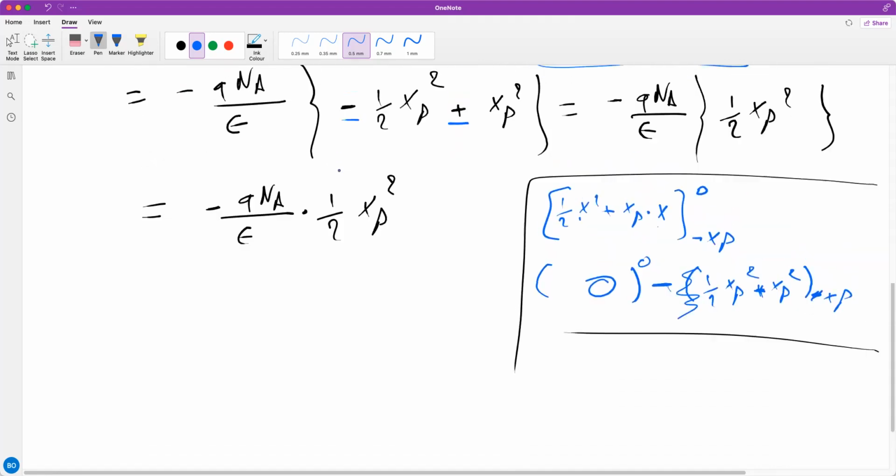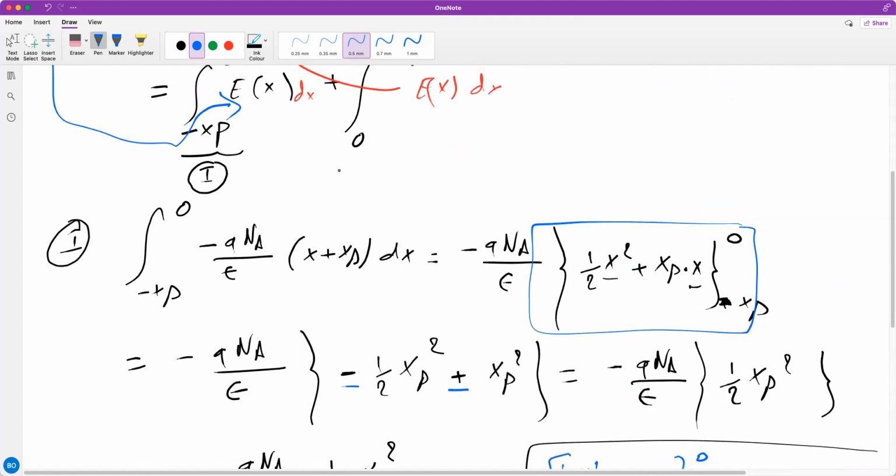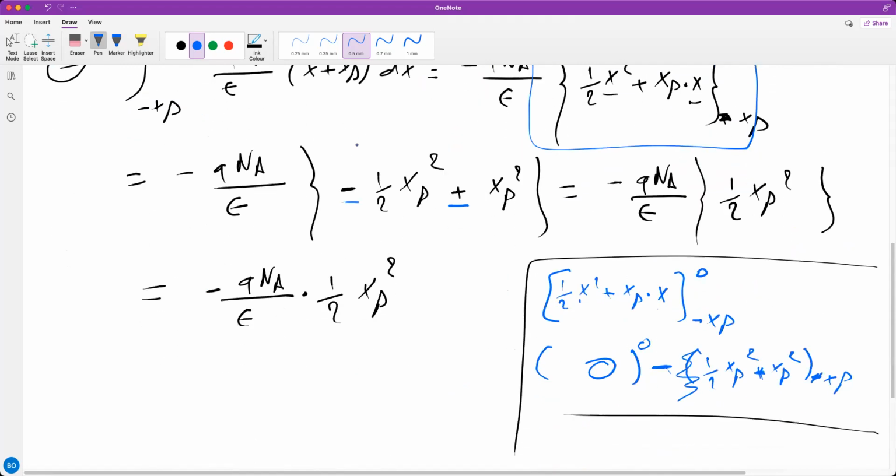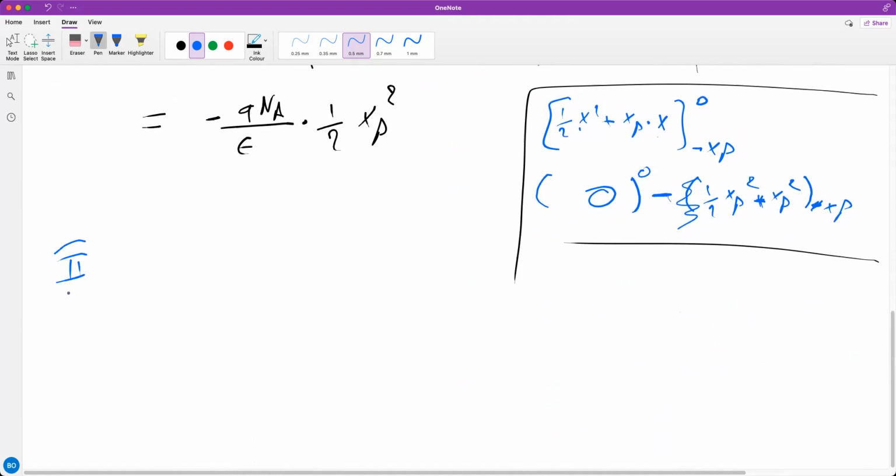You can do exactly the same thing for the second part. We did part 1, so part 2 is to be done at home. It's just a normal integral.